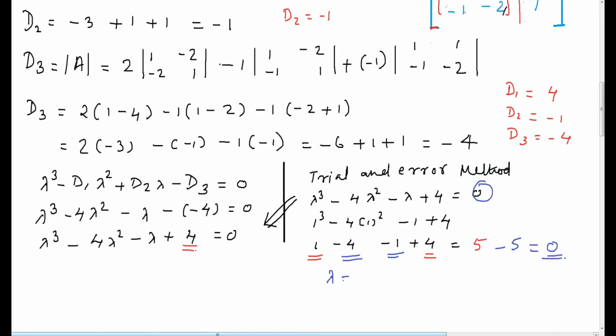Therefore, lambda equal to 1 is an eigenvalue. For finding the other 2 eigenvalues, we have to factorize the equation. For that, we use synthetic division method.